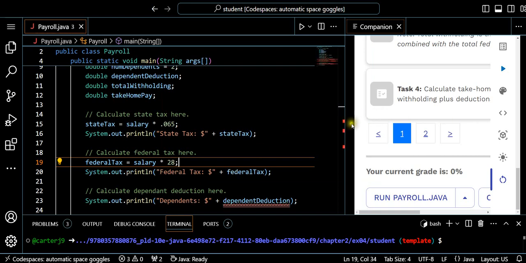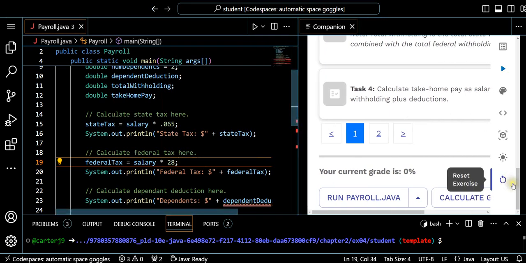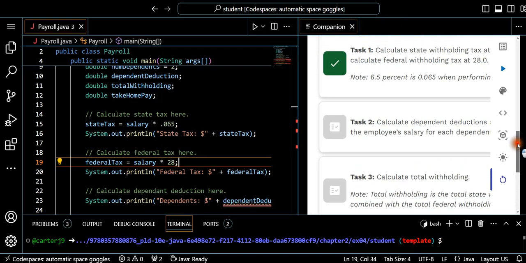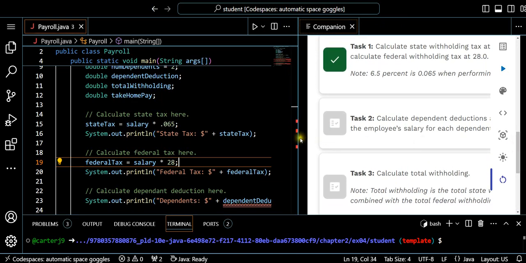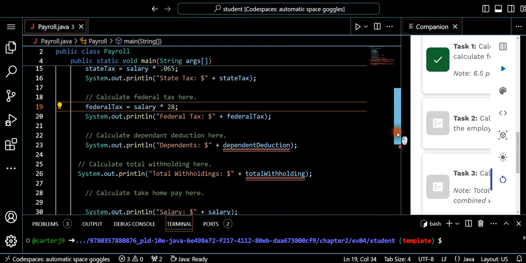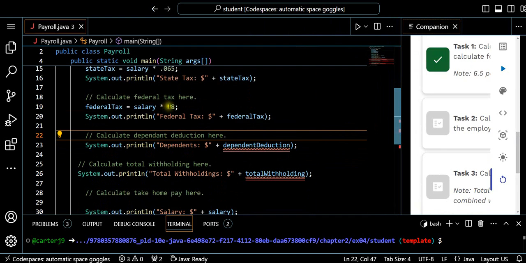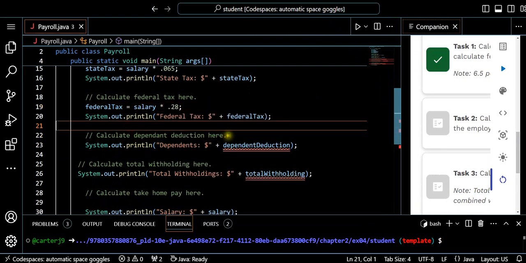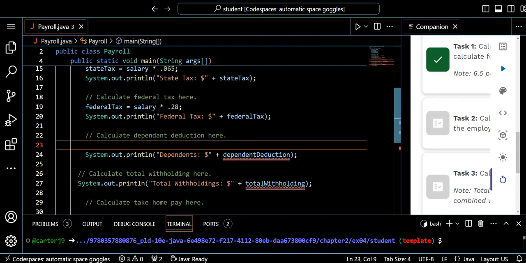So let's see, is that 20% federal tax? Alright. And a deduction, 0.28, here into this line, press enter.